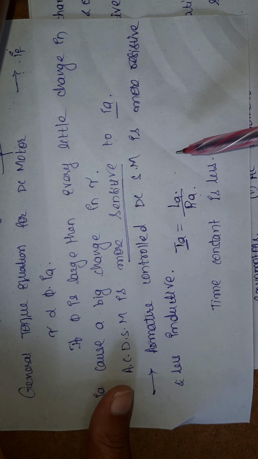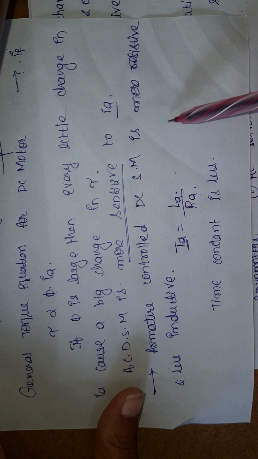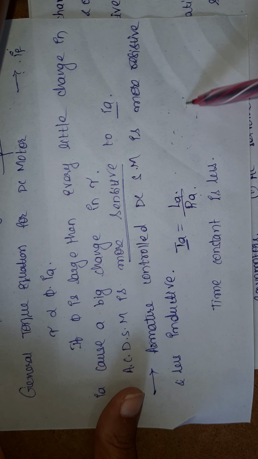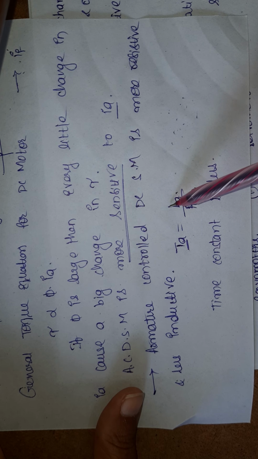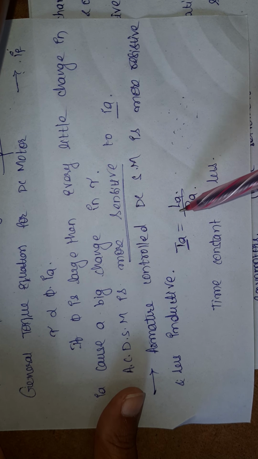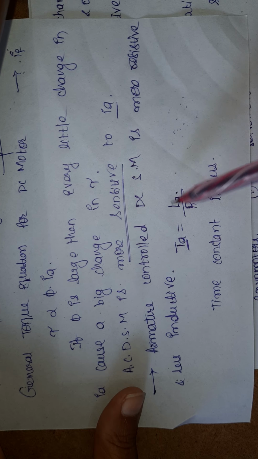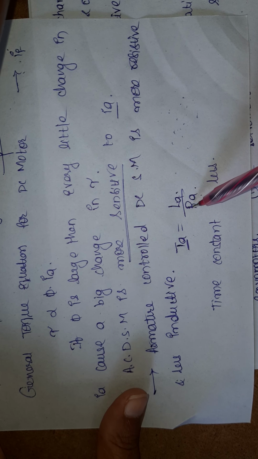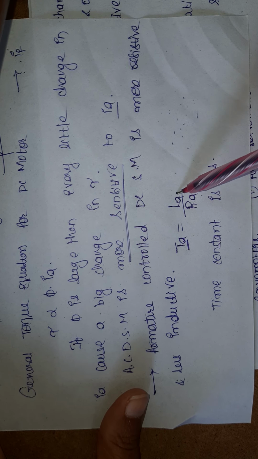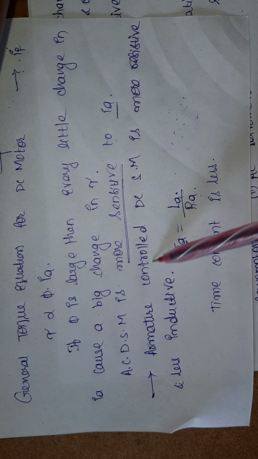Field means the flux lines, and the flux lines will come from the inductor only. So the name itself says field controlled means the inductor is controlling. Armature controlled means the field will not come into the picture, that is the inductance will not come into the picture. That's why RA is high value and inductance is less value for armature control.